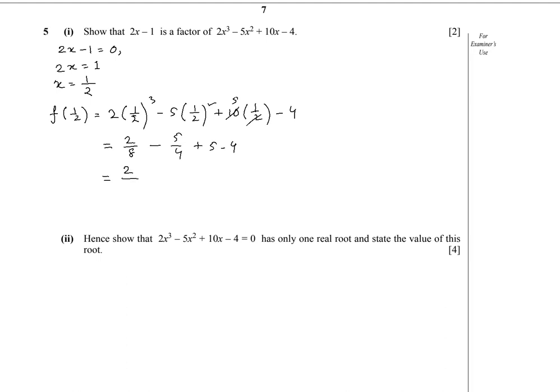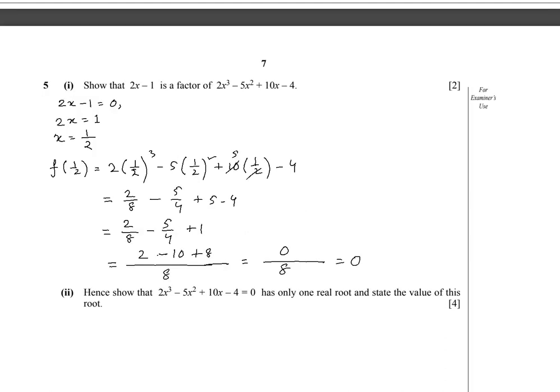Now in the next line, 2 over 8 minus 5 over 4 plus 1. Now let's find the LCM of the denominators, that is 8, 4 and 1. The LCM is 8, so in the denominator we can write 8. In the numerator, 2 minus 10 plus 8, which equals 0. So 0 over 8, the result is 0.